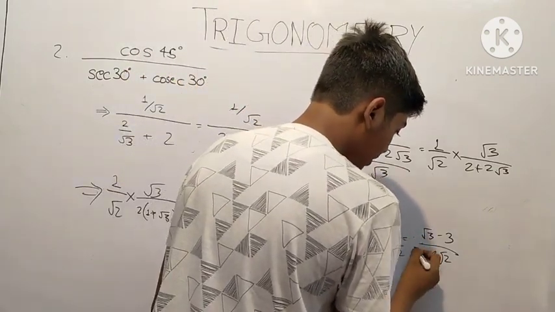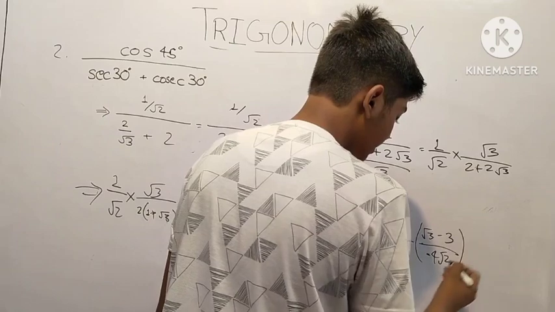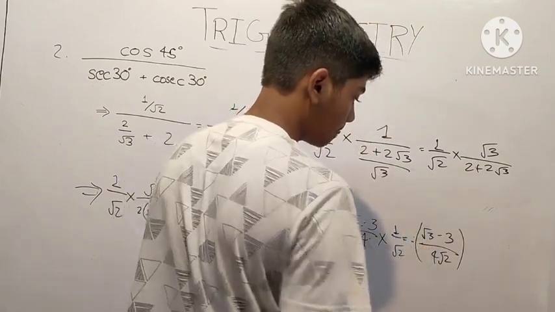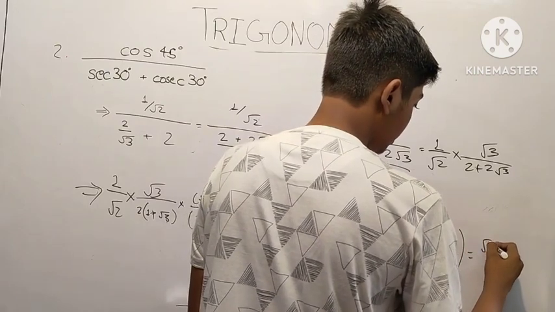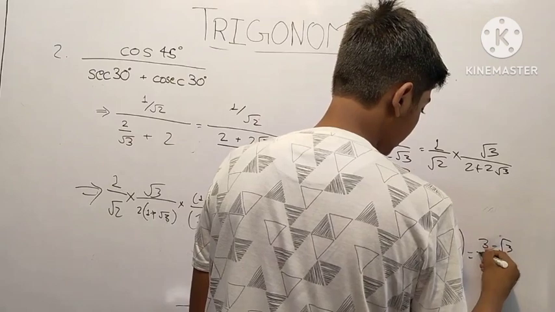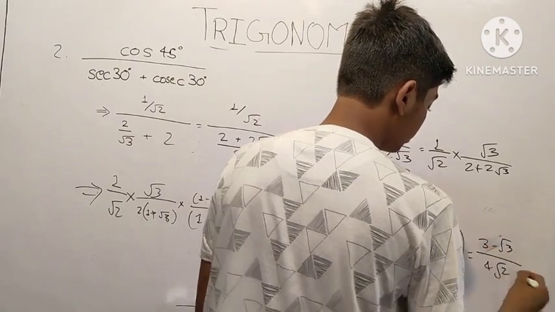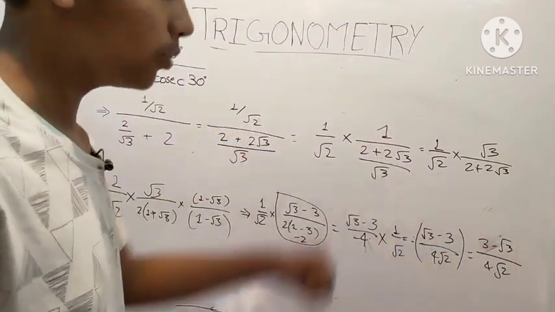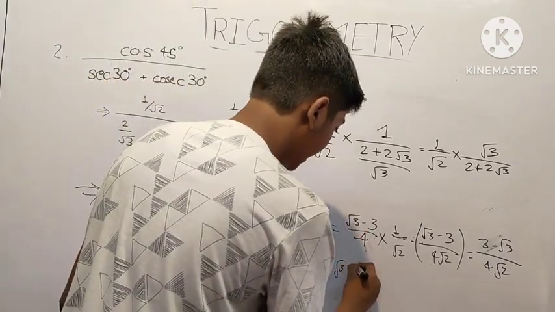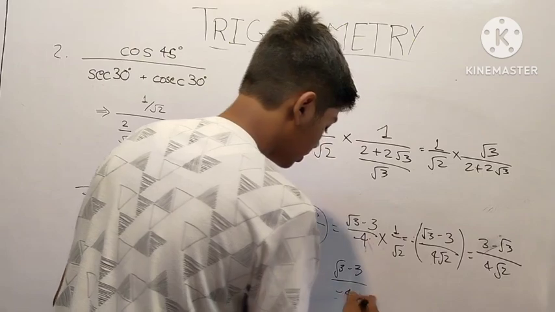If we take minus common like this, this minus would get removed and we would get 3 minus root 3 upon 4 root 2. If you don't know what I just did, we had this term root 3 minus 3 upon minus 4.